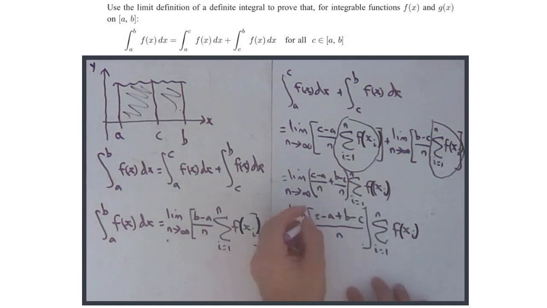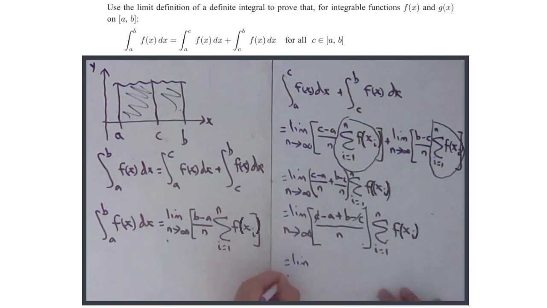Right, so the c's disappear, and you end up with minus a plus b, which is the same as b minus a. So that equals the limit as n approaches infinity of b minus a over n times the sum from i equals 1 to n of f of xi.